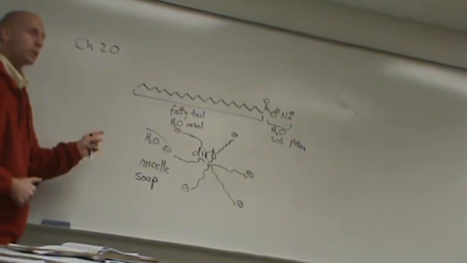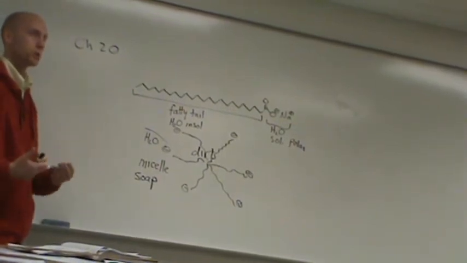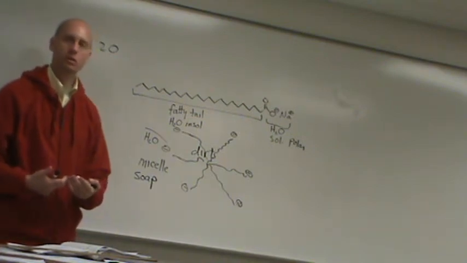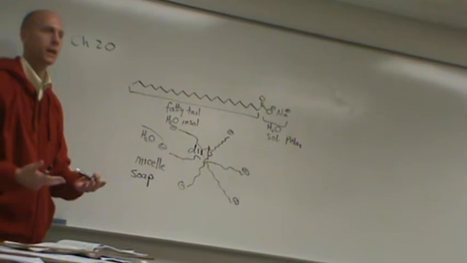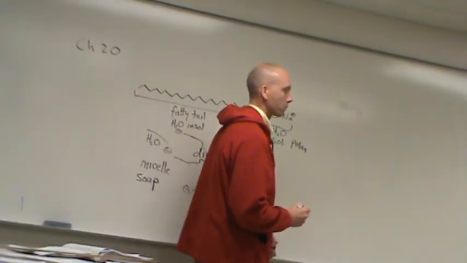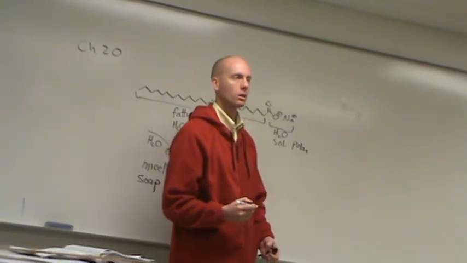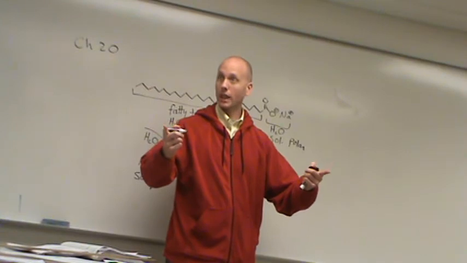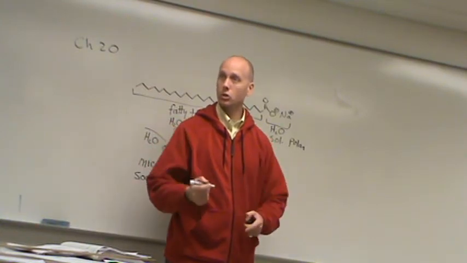But you see micelles also in your body. Have you ever heard of what are called phospholipids? I'm sure you've heard of that in Bio 101 or whatever. Where do you find phospholipids? Layers of your skin and cells and so on.